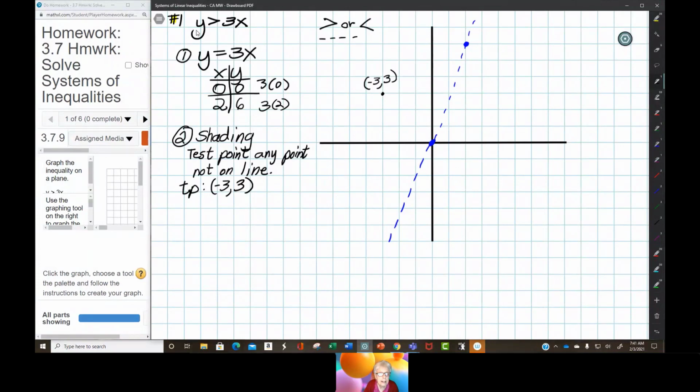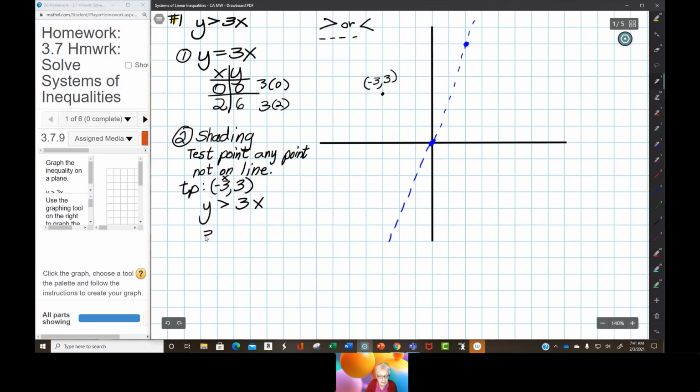Now, my inequality is y is greater than 3x. So I take the x coordinate from the point and I put it in for x, and the y coordinate from the point and I put it in for y.